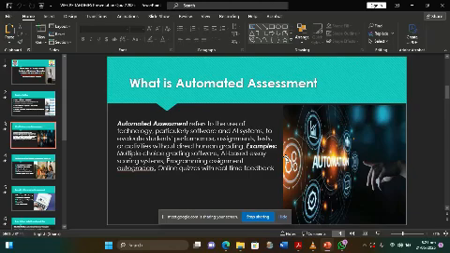Examples are multiple choice grading software, AI-based essay scoring systems, programming assessment with graders, and online quizzes with real-time feedback. Basically, automated assessment is using technology or software to assess students or learners.